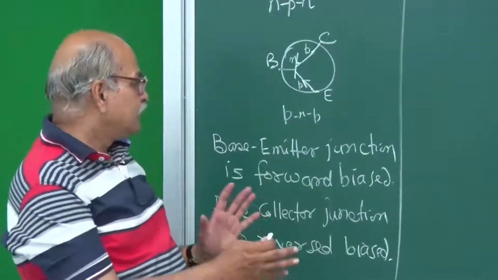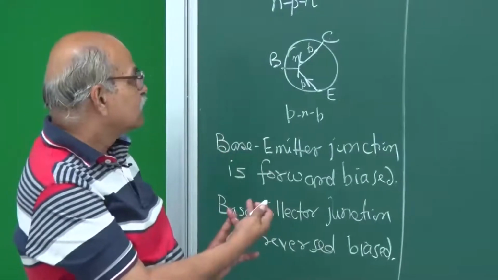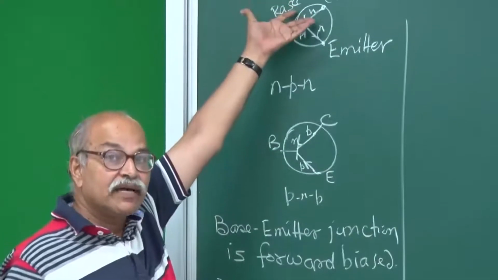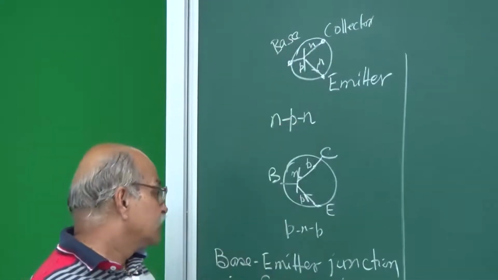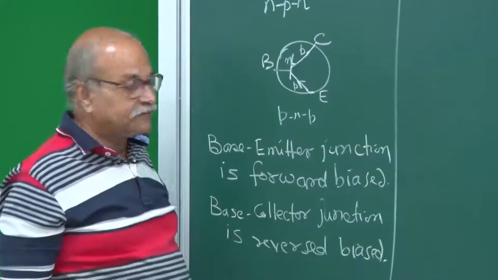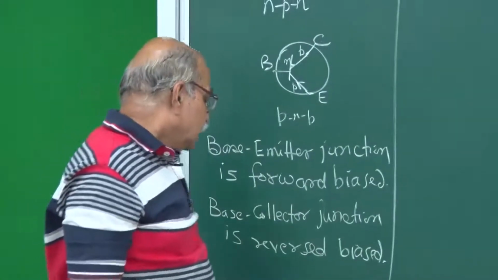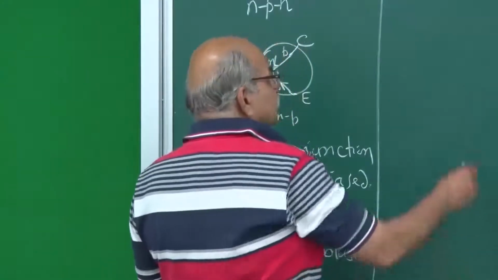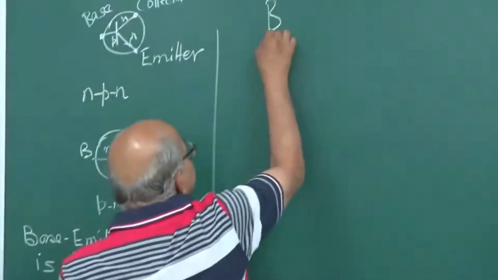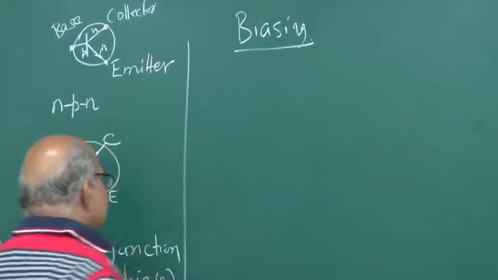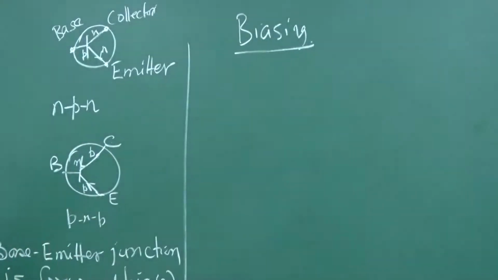So, how do I bias this transistor? There are two PN junctions, both have to be biased. One is to be forward biased and the other reverse biased. That biasing can be achieved in several manners.